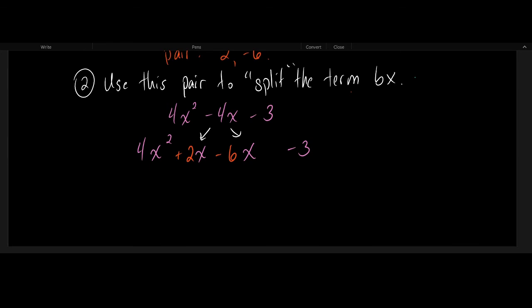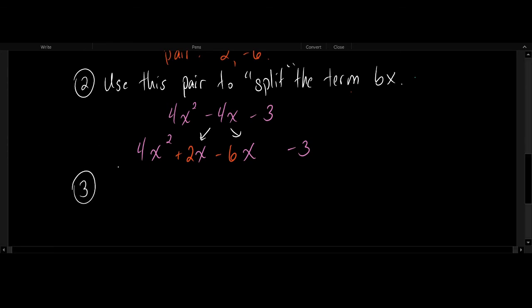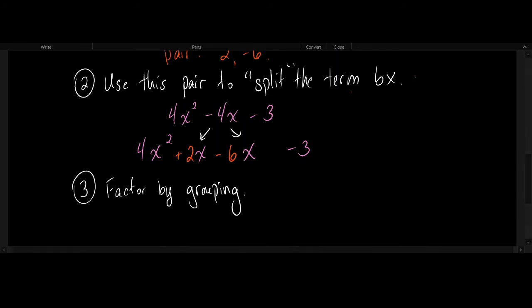Now the next thing that we need to do is we need to factor by grouping. Now factoring by grouping, as you may recall, can only be used in circumstances where our quadratic expression had 4 terms.